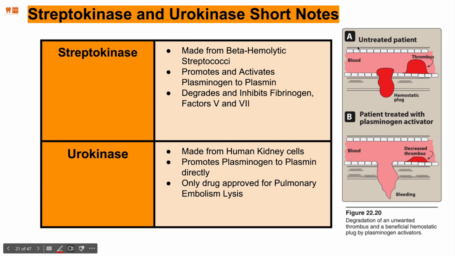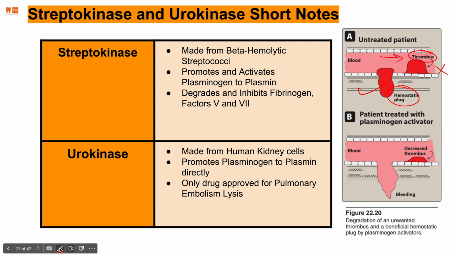So in this untreated patient, basically this patient that has a thrombus and a hemostatic plug naturally formed, we can see it's a really big thrombus and there's less space for blood to flow. However, there is a plug available. This is healthy. This is something we want. This is something we don't want.